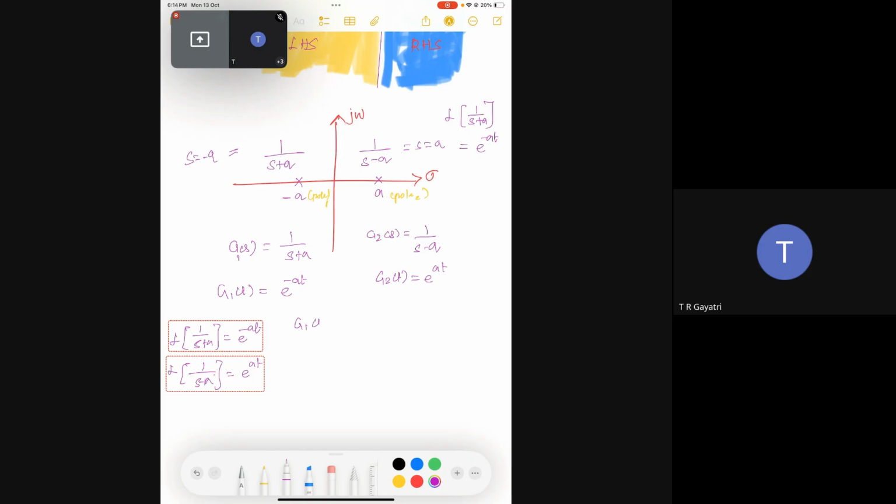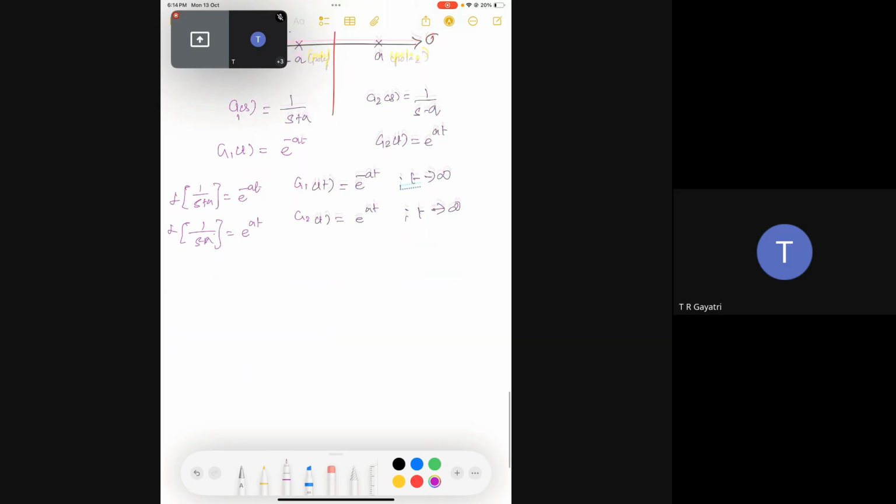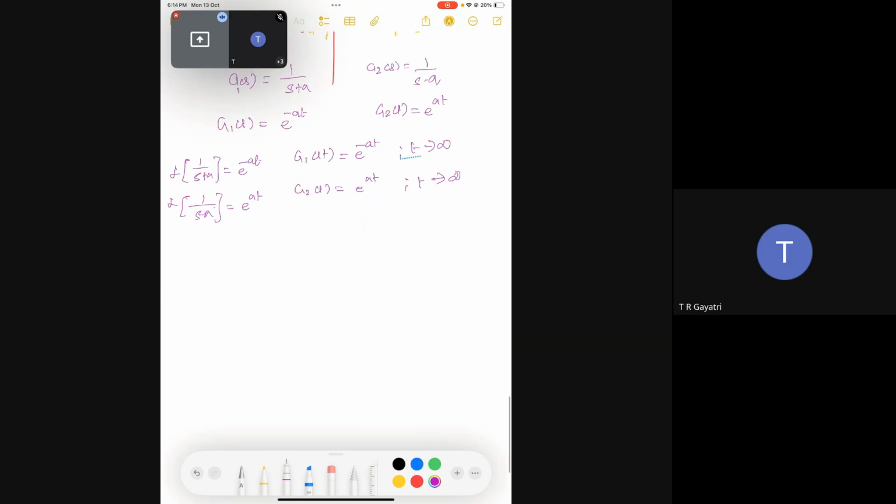Now g1 of t is equal to e power minus at, g2 of t is equal to e power at. When t goes from 0 to infinity, how will both systems look? G1 will look like this, something like this.